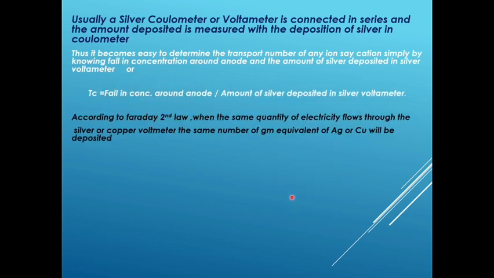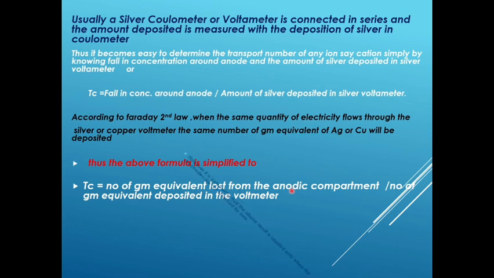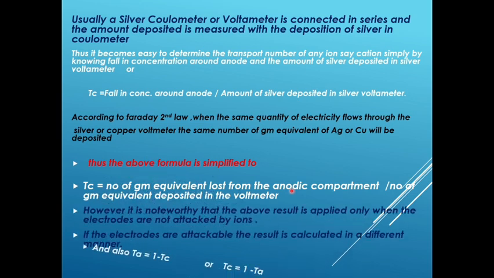Generally हम लोग क्या करते हैं कि how we calculate the loss and fall in concentration at anode, इसको देखने के लिए what we do is a silver coulometer or voltameter is connected in series and the amount deposited is measured with the decomposition of silver in the coulometer. ये स्टेटमेंट हमें कहाँ से मिलता है?